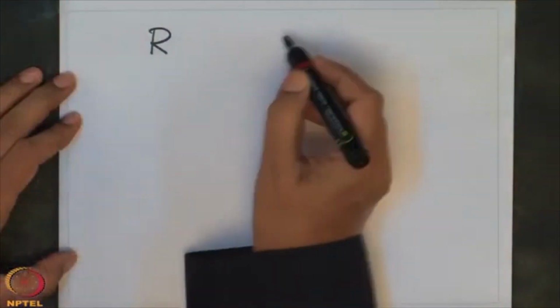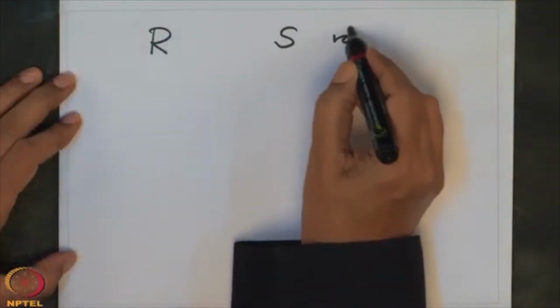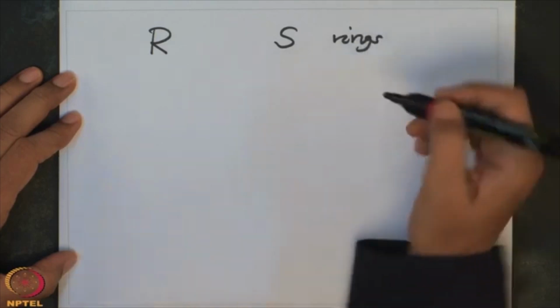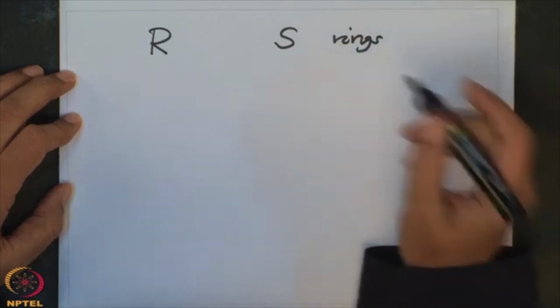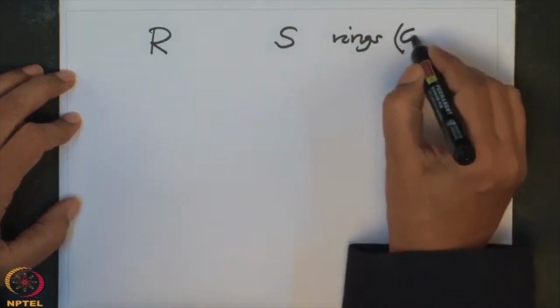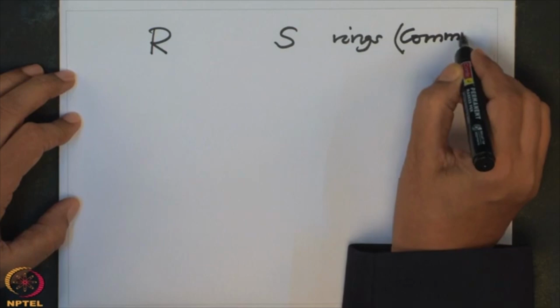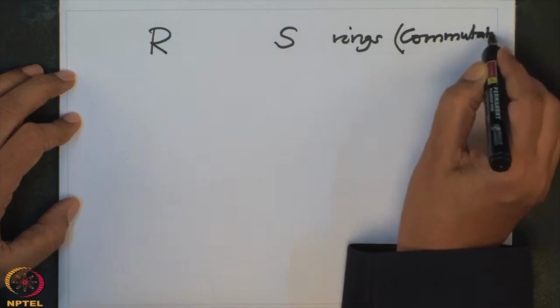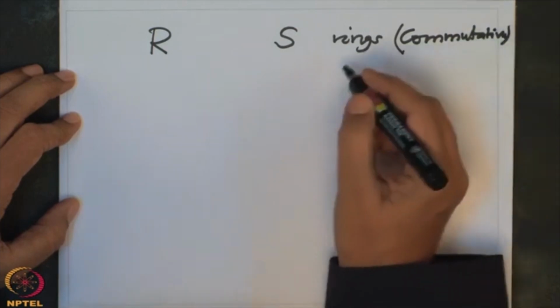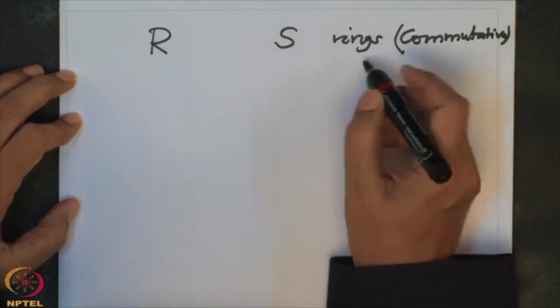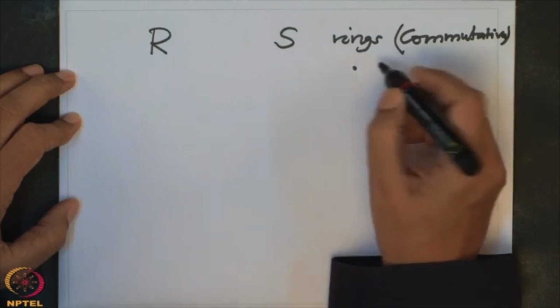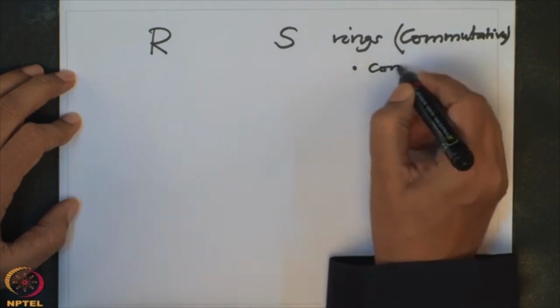So when I have two rings R and S, before I go on more generally, when I said rings even earlier, I always mean commutative. That means the addition operation is commutative, but in addition to that, the multiplication operation is also commutative.